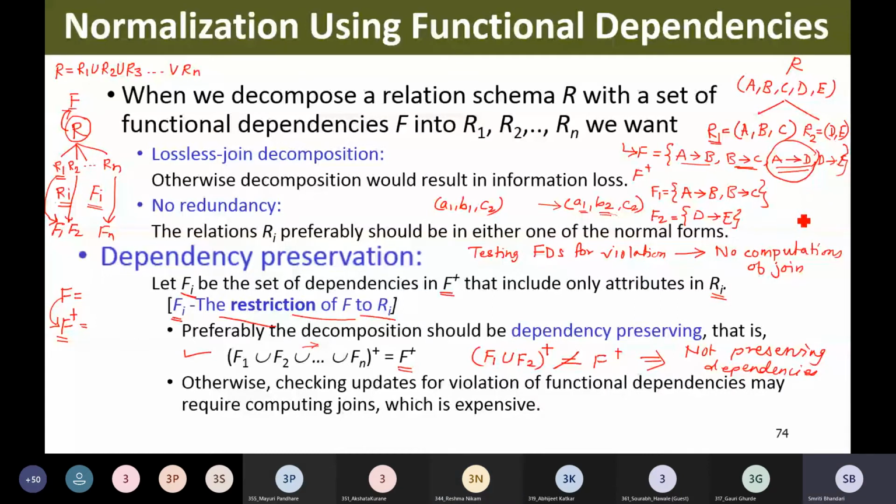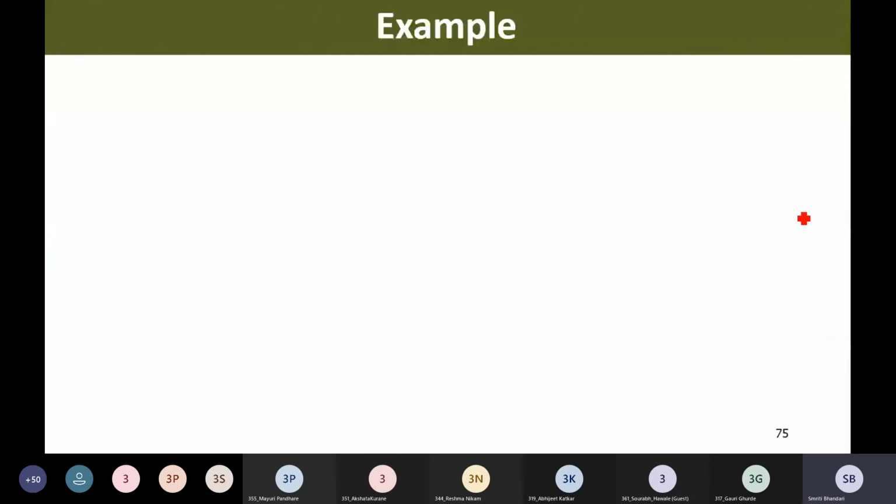Okay. So I hope now you must have understood the concept of dependency preservation. Let us go through one example so that once again we can focus upon these two concepts of lossless join decomposition and dependency preservation.